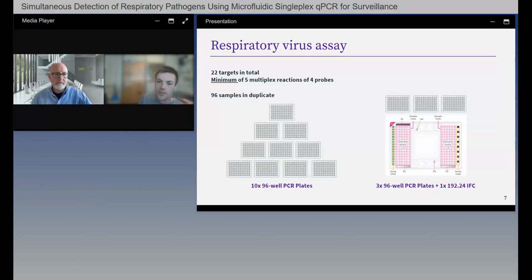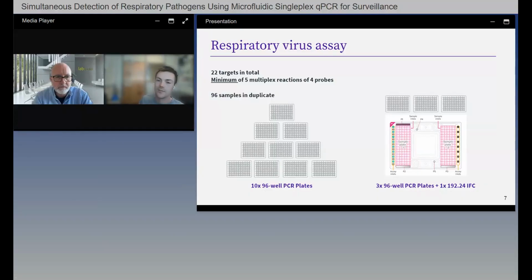As Jeff also mentioned, it means that we don't have to run these reactions in multiplex. Each reaction is a singleplex reaction, so it also made ordering all the primer probe sets quite easy because we could order them all in the same color, just standard FAM fluorophores. And we were less at risk of having primer and probe interactions between sets.